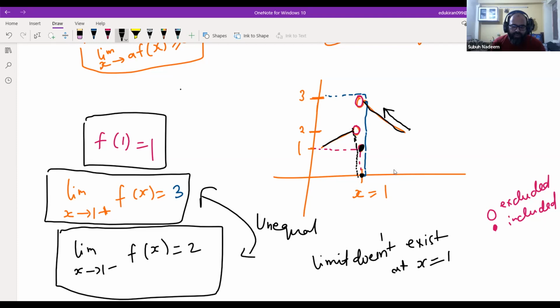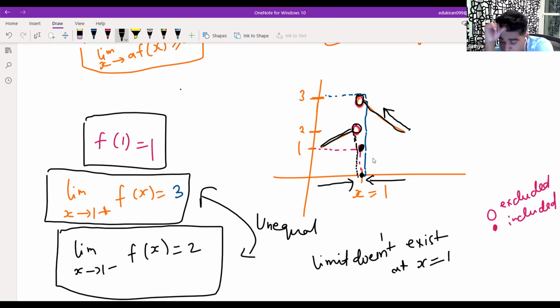So right hand side, when you move like this, it will approach 3. From left hand side, when you move towards 1, you will approach 2. And exactly at 1, both of them are excluded, open circle, so it is 1. Will the graph be given? Yeah, the graph will be given, of course. Otherwise, you don't know what the function is.